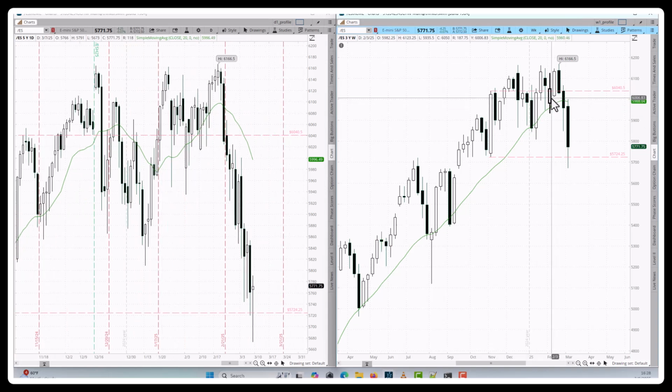So we see the level at 6040. You see it breaks that level, and as soon as it breaks, it reverses. It tests from below a couple of times, it breaks, and it tests from above. It tried to break it, but it reversed, and it reversed again, and now it's breaking down again.